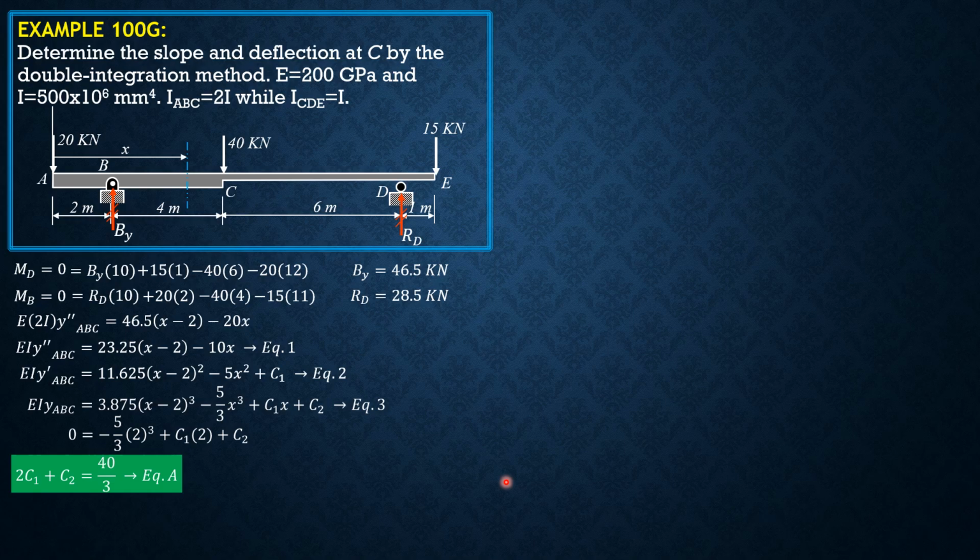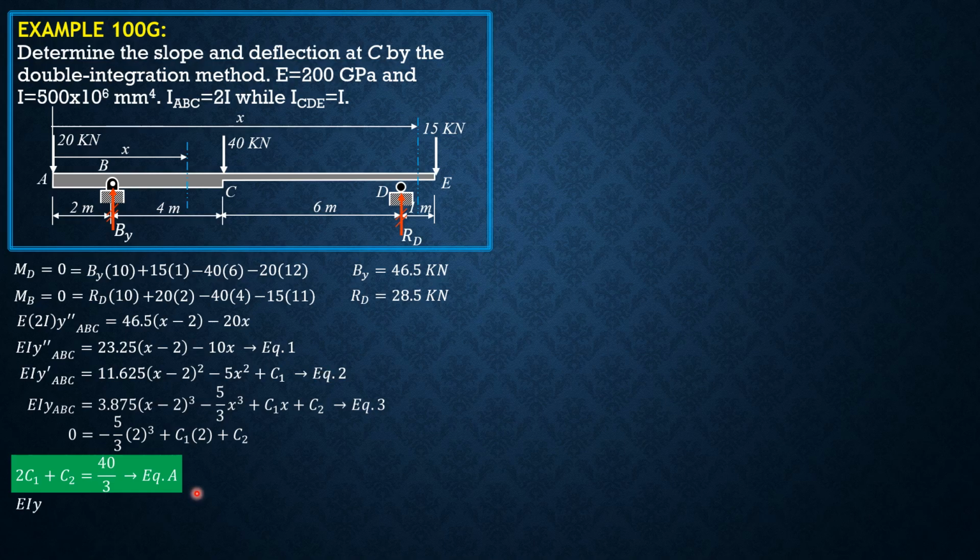So next, let's set up the elastic curve for the CDE portion up to E. Actually, you can set up to here, then consider RD and 15 instead. In the next slide, we will have an equation which is simpler. So x begins with A. I plan to solve that in the next slide so that we will have another way of solving this problem, although the solution is a little bit longer.